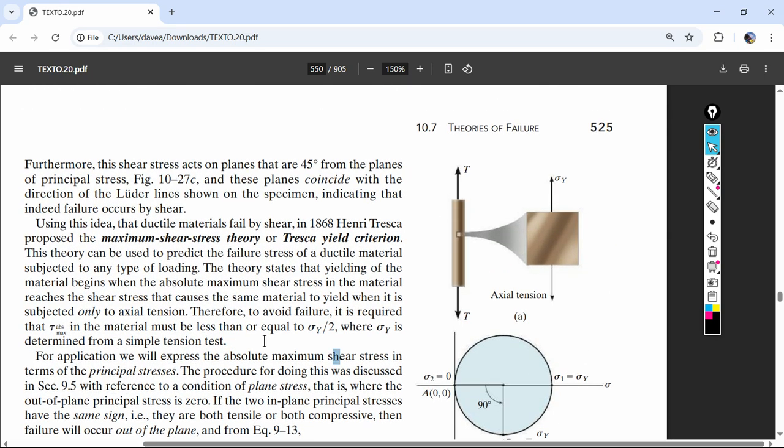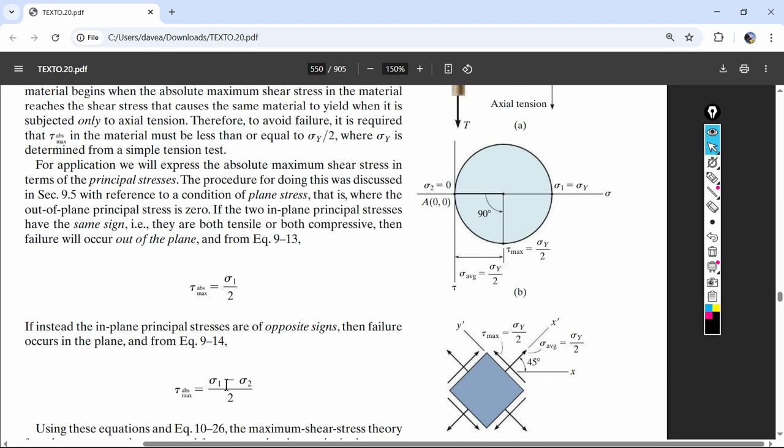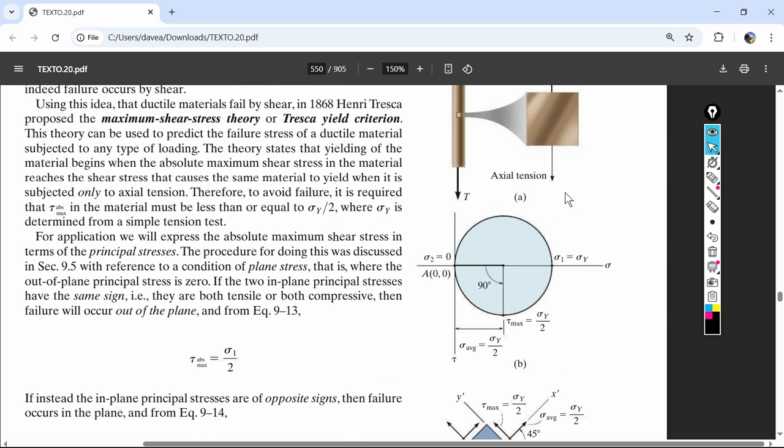And when it's opposite, if I'm pulling this in tension and pushing this in compression, let's go back to Mohr's circle. This tension is going to be positive, sigma 1. The other principal stress, if it's in compression, is going to be out here. Let's just say it's equally negative. That circle is going to be huge, and you're going to get a much bigger shear stress. So sigma 1 minus sigma 2 gives a bigger value only when those two signs are opposite.